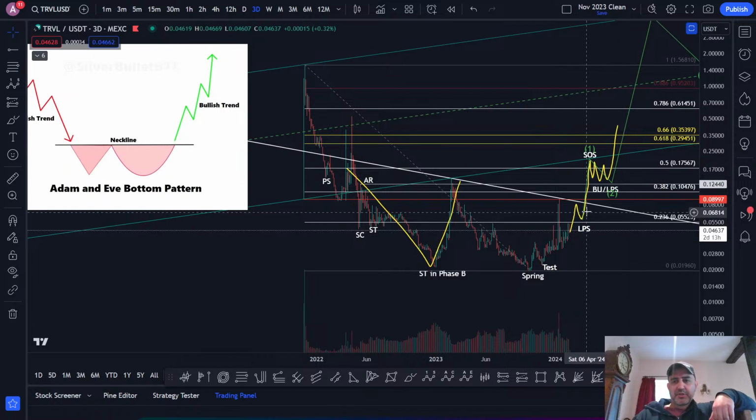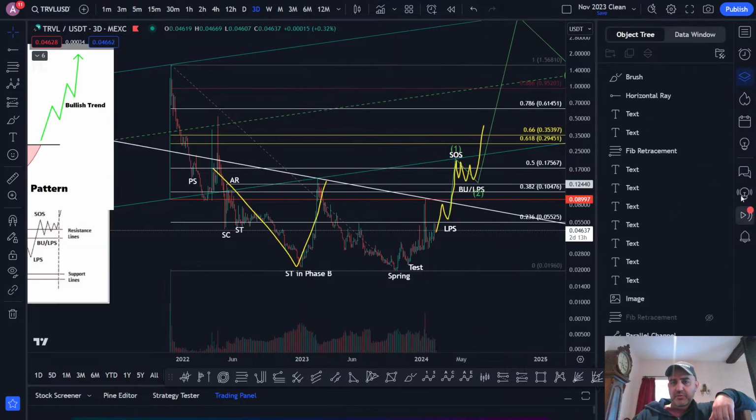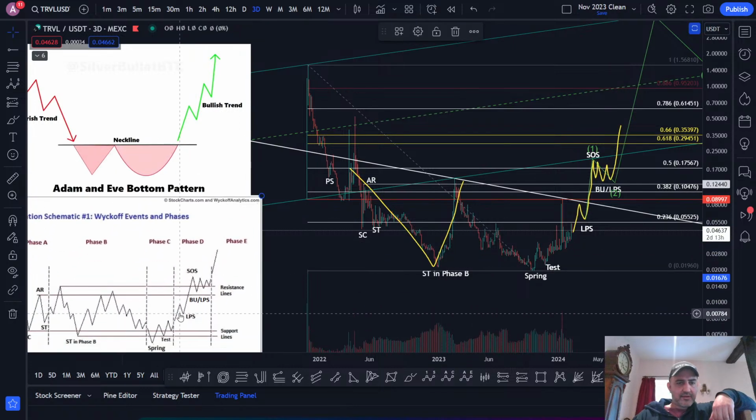And then if we do break, that would fit in to the Wyckoff accumulation, because there is a break here.